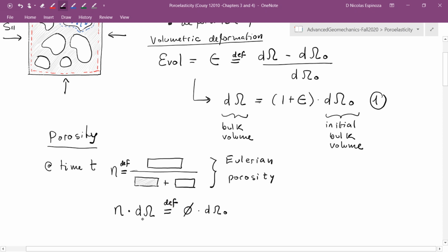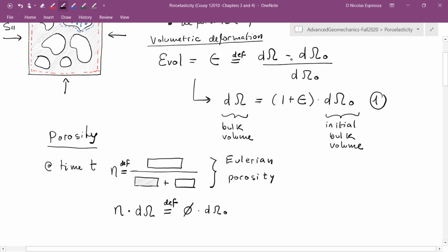So notice that these two bulk volumes are not the same, right? This one is at the time t in the deformed configuration. This one is at the time 0, or initial time, without deformation. And notice that that is also linked to the volumetric deformation.